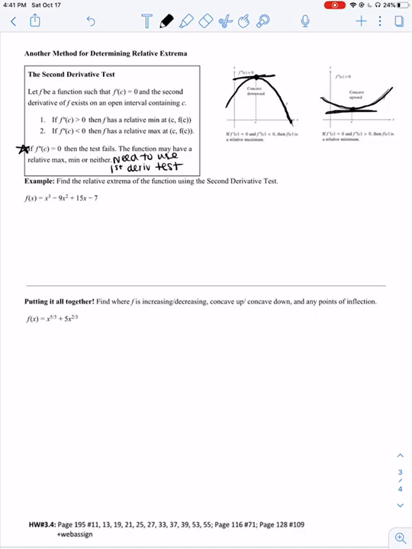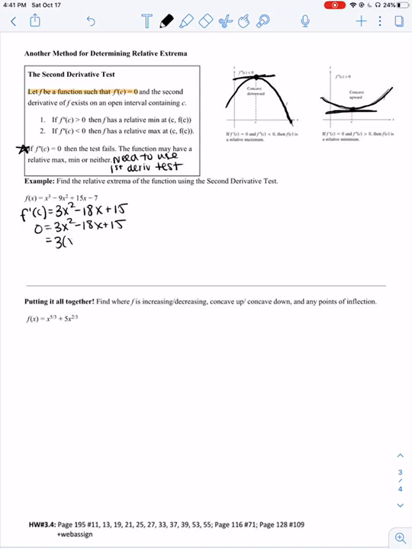Okay, so here we go. We're going to first find f prime of x. And this is what we need: we need f prime to equal 0. So we're going to set this equal to 0 and solve.